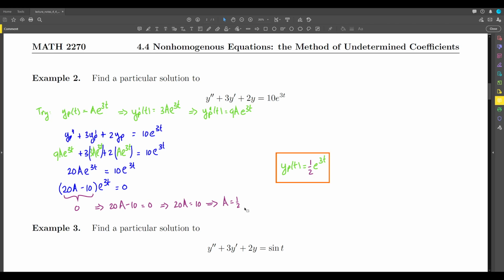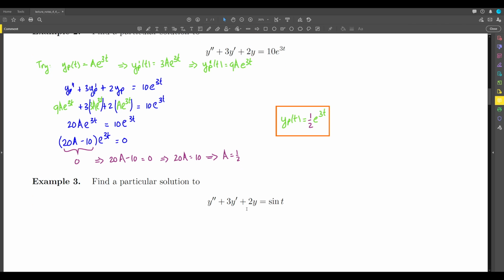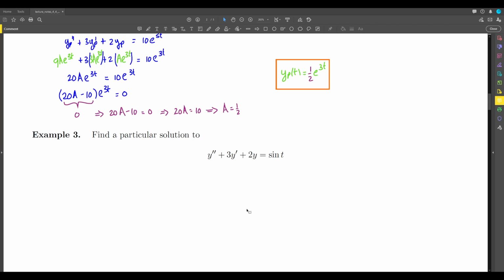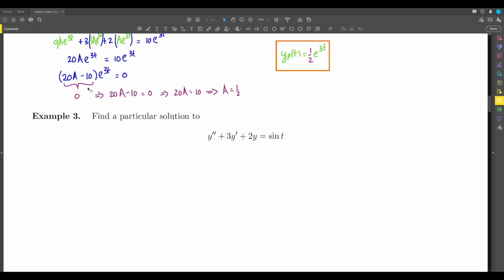Okay, now let's try another one. Find a particular solution to y double prime plus 3y prime plus 2y equals sine of t. So our first try might be a constant times sine of t.